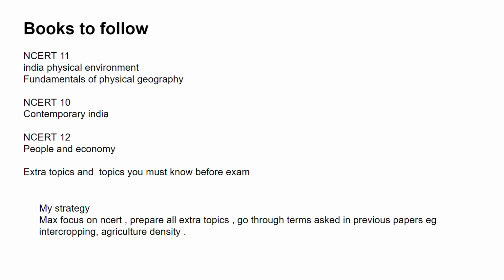Then there are two NCERTs in 12th. If you have enough time, then read The People and the Economy. The majority of this book is from 10th, the agriculture chapter, but some chapters are also from 9th, for example population. So do give a read to it also.